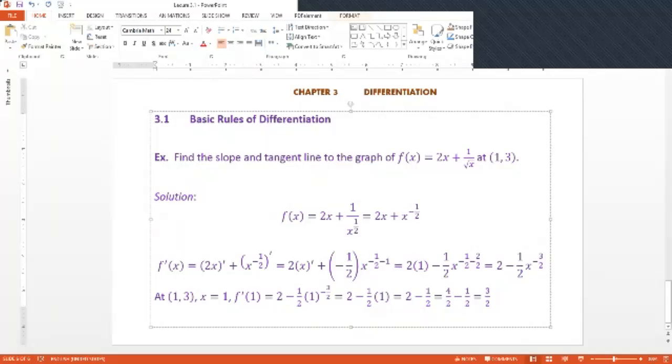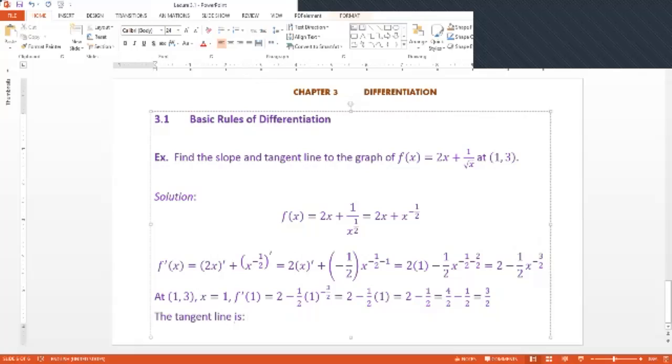And then the next thing we need to do is to find the equation of the tangent line of the graph at this point. So we have the slope of the line, and we know the tangent line passes through this point. So we can use the point slope formula to write down the equation of the line.